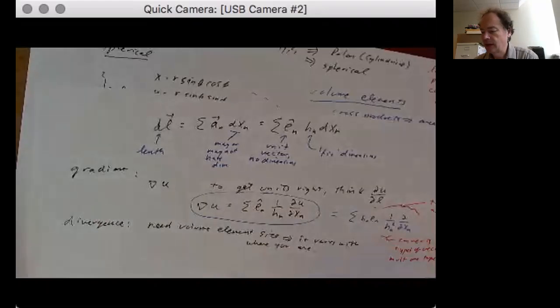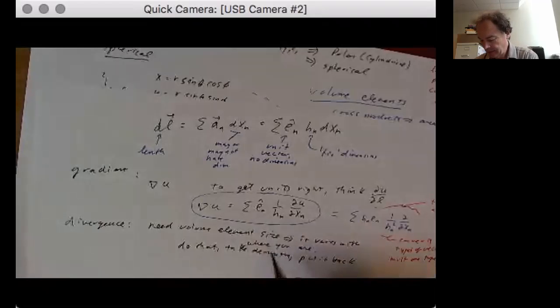And so we'll do that. And then we'll take the derivative. And then we'll put it back. That's our reason for writing the divergence this way.